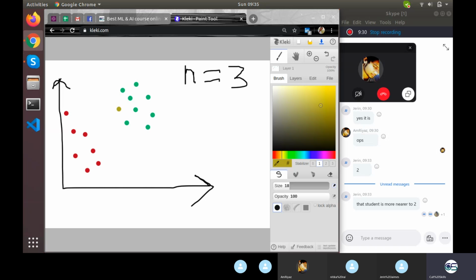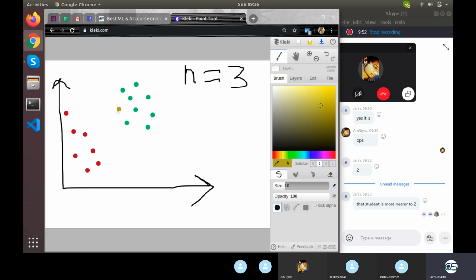Now what is going to happen is my model, the KNN configuration I have written, will be comparing this yellow plot with all the plots here. There are 7 red points and 8 green points, so in total 15 points apart from this yellow one.